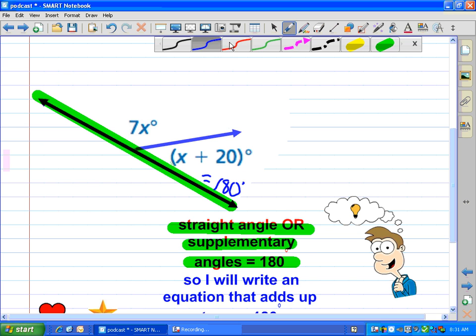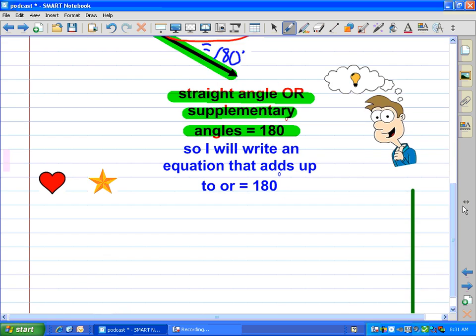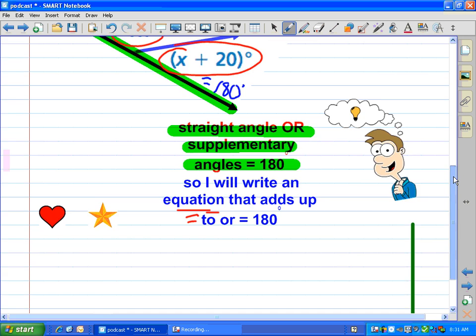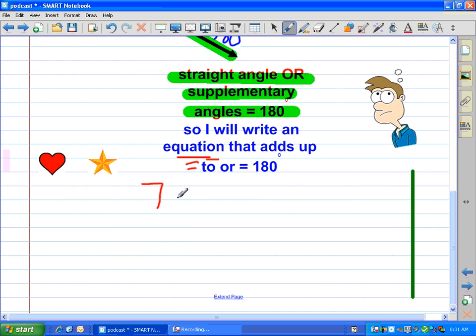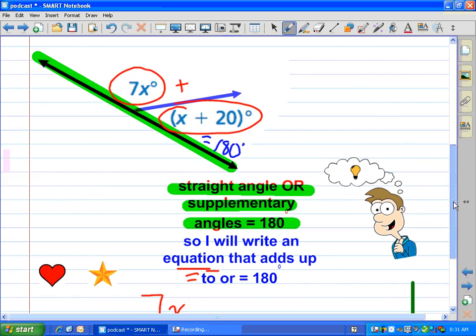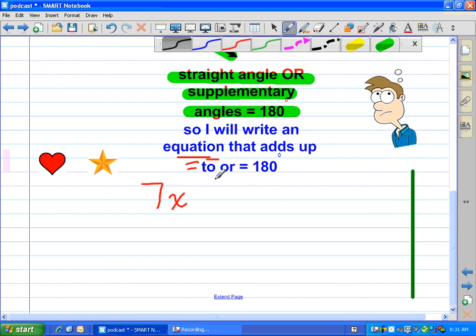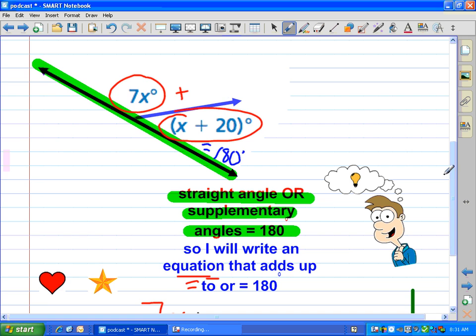So I'm going to write an equation. I'm going to say 7x plus x plus 20 equals 180. Here's my 7x plus x plus 20.